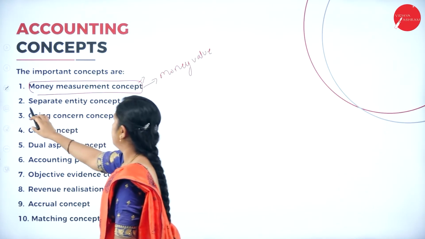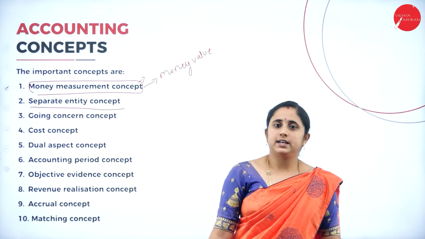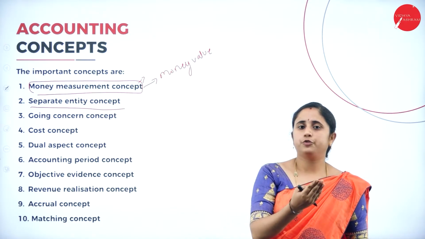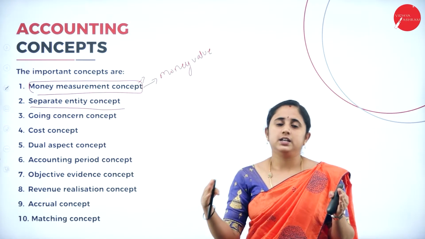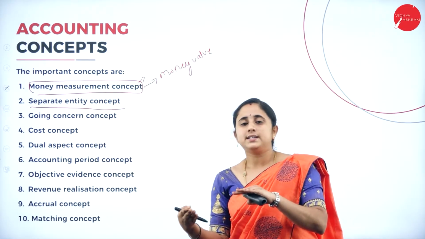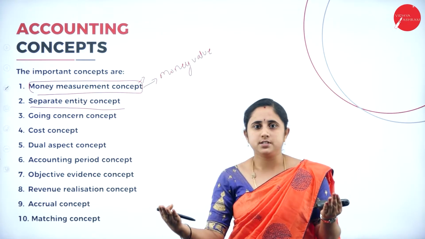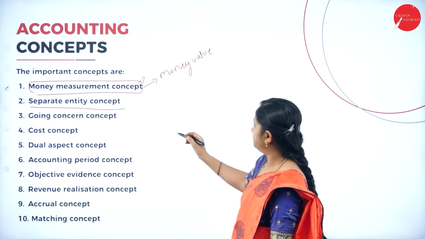Next, the separate entity concept. The second one is the separate entity concept. The separate entity concept says the proprietor of the business and the business are two separate entities. Even though the proprietor starts the business, the business differs from the proprietor.